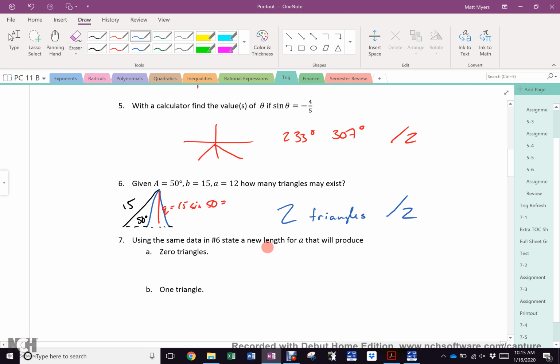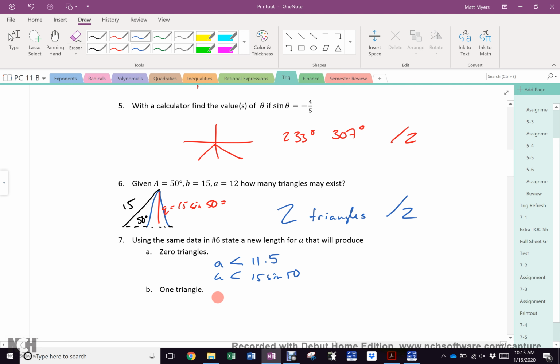Using the same data, 0 triangles. A is less than 11.5. Better answer there, A is less than 15 sine 50, right? Everybody understands that, yeah?